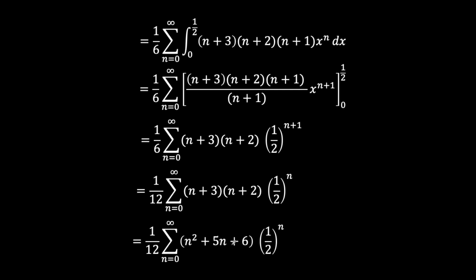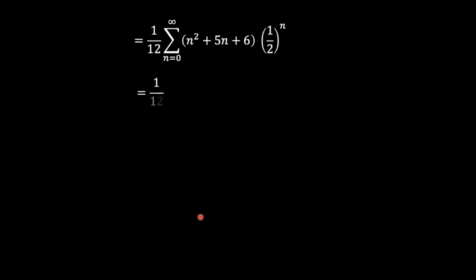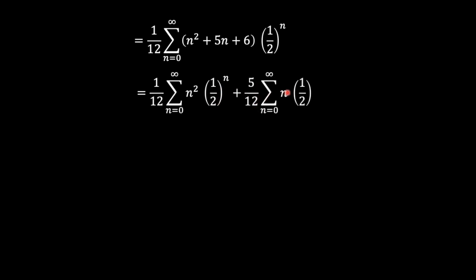So we have n squared plus 5n plus 6, right? So we can separate this into 3 separate summations. We can take it as 1 over 12 times the summation of n squared times a half to the power n, plus 5 over 12 times the summation of n times a half to the power n, plus 6 over 12 times the summation of half to the power n.